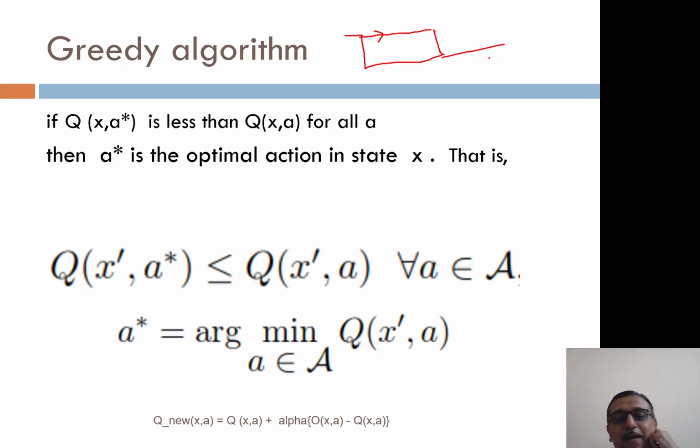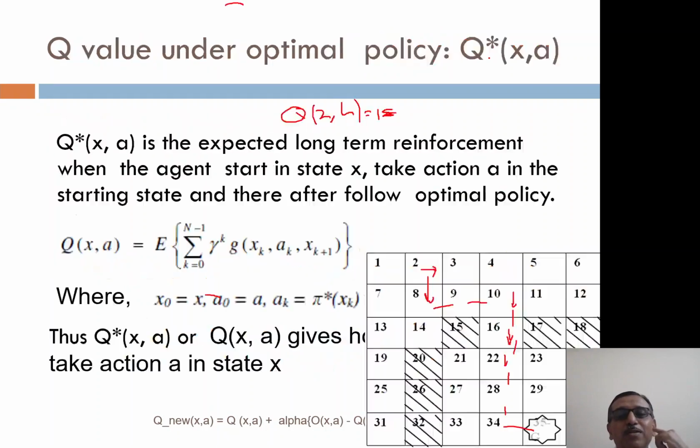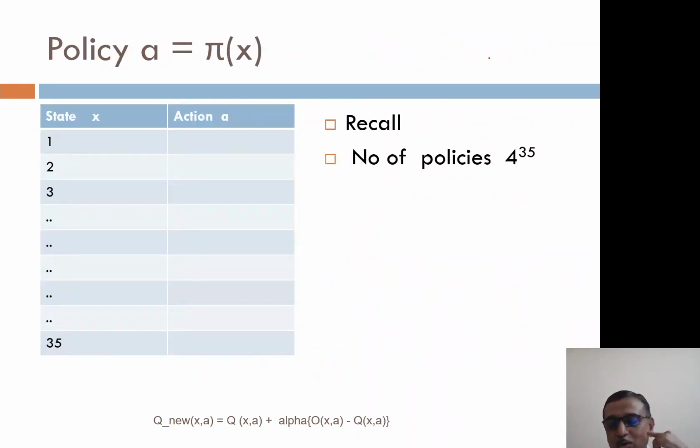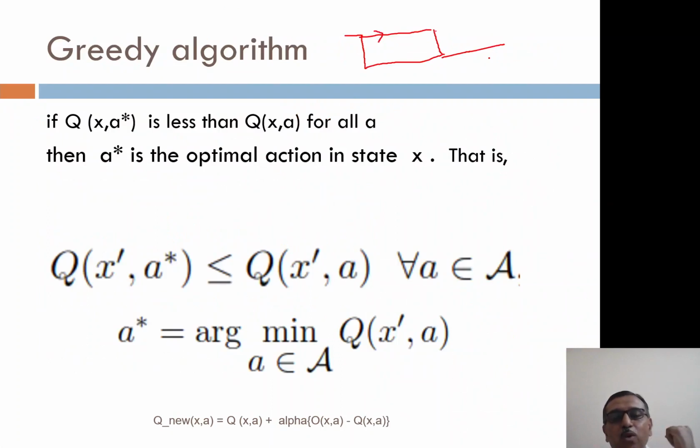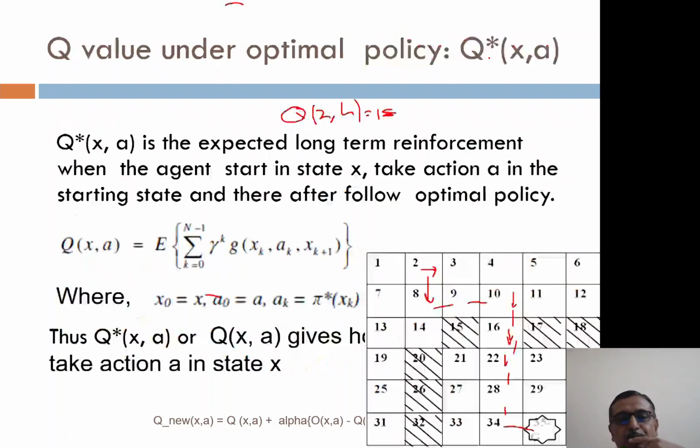You can have a stochastic optimal policy. This is slightly on a higher end. It won't be giving you an optimal action, it will give you a probability distribution. So where you are in state X, your optimal policy will be a probability distribution. If you don't understand this, don't worry. Say for example, you are in state 2.